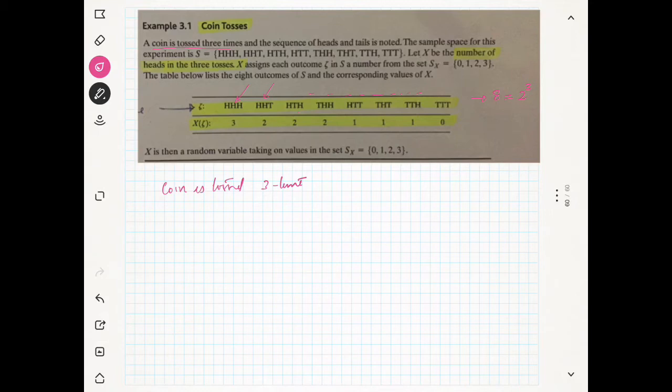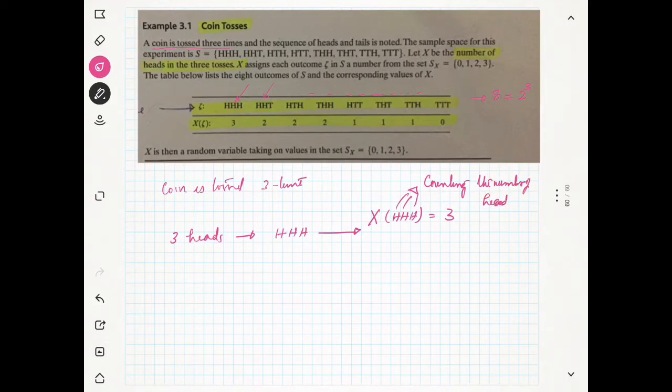If all 3 are heads, then I am assigning the random variable X of hhh is nothing but 3. That means I am just counting the number of heads. So here I am assigning a rule counting the number of heads.